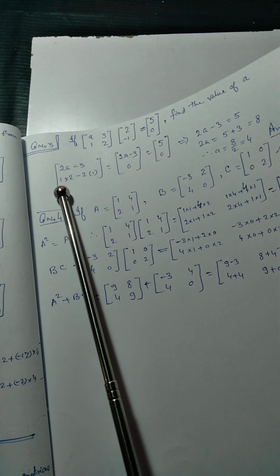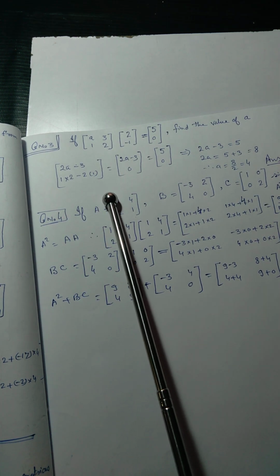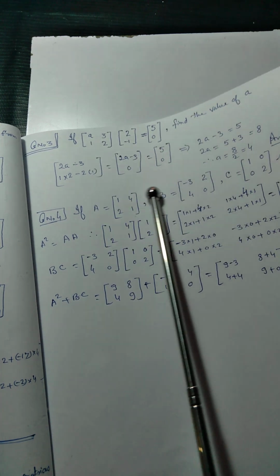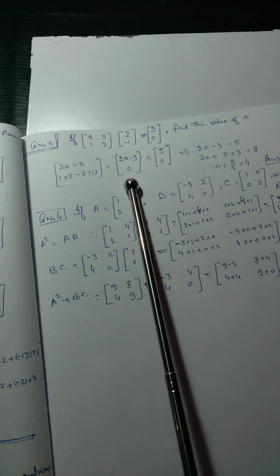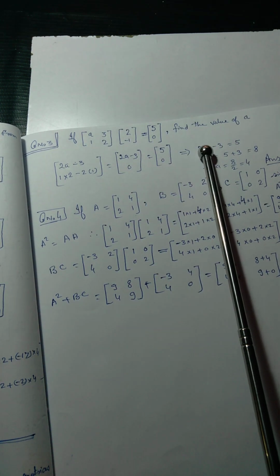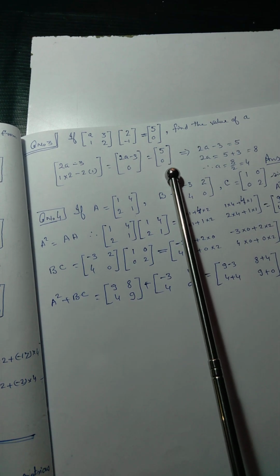So I have written here 1 into 2 minus 2 into 1. So you will get ultimately the 2A minus 3, 0. So that will be equal to 5 and 0.